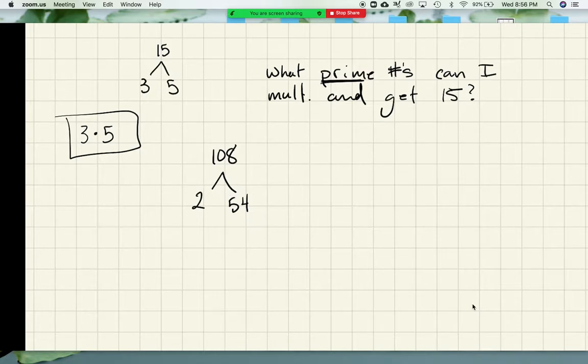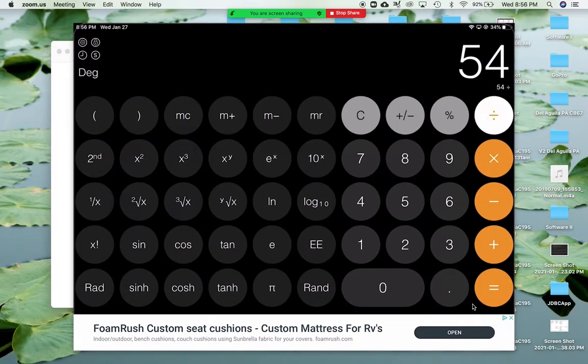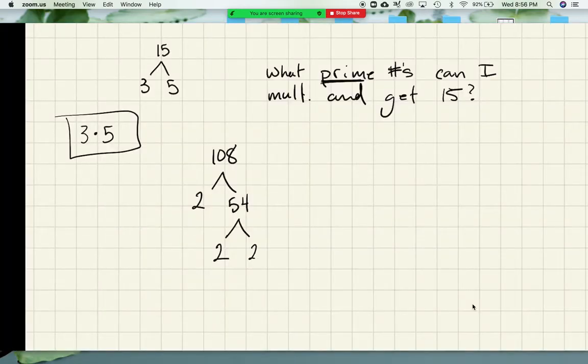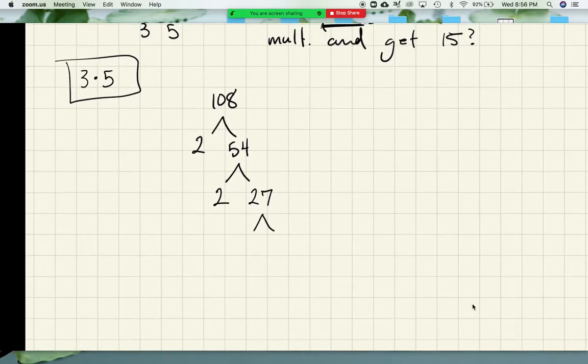I can leave the 2 alone because it's prime. I won't be able to divide by anything else. But the 54 is also even, so I know that one can be divided by 2. So what's 54 divided by 2? It's 27. So this 2 is also prime. And then I try to divide the rest.